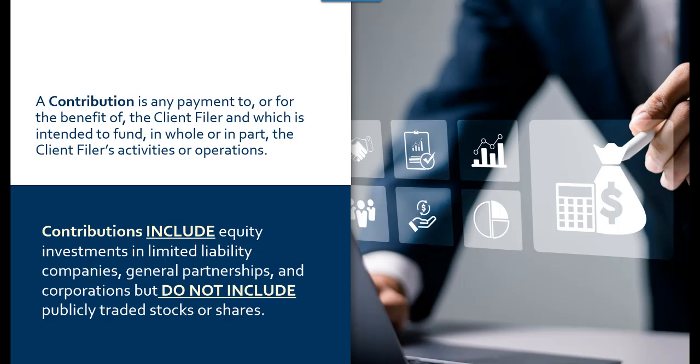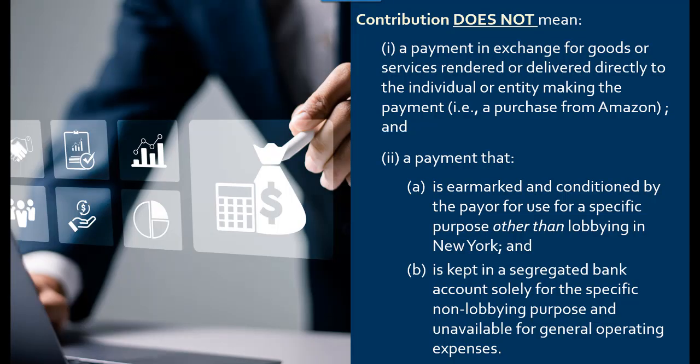Examples of entities that are likely to not receive contributions are Amazon or DoorDash, as both entities are receiving payments for goods or services. It is also important to understand what is not a contribution. Contribution does not mean a payment in exchange for goods or services rendered or delivered directly to the individual or entity making the payment. Again, an example of this is a payment for goods or services. Entities like Amazon receive payments for goods, and these payments are not considered a contribution for source of funding purposes.